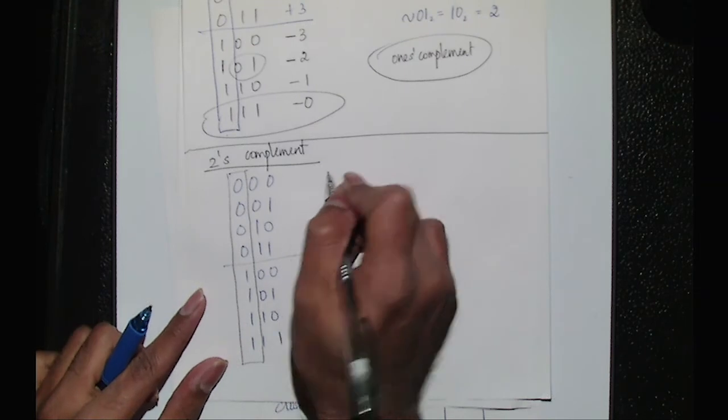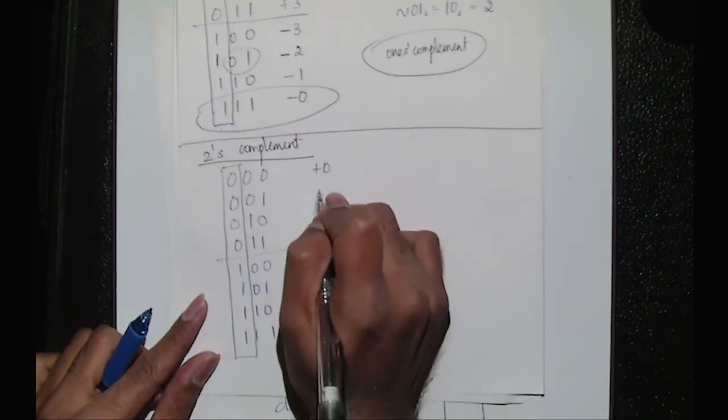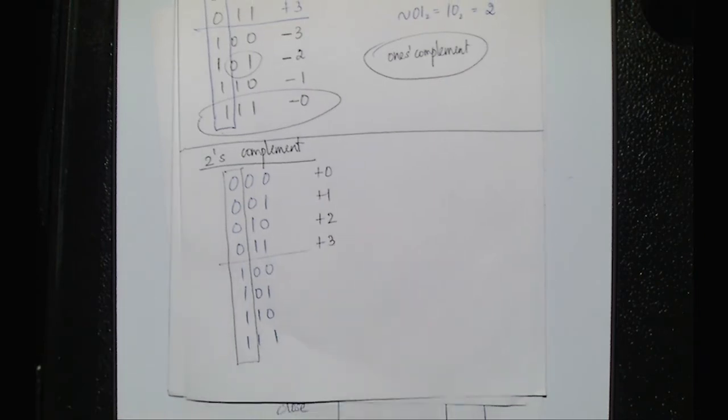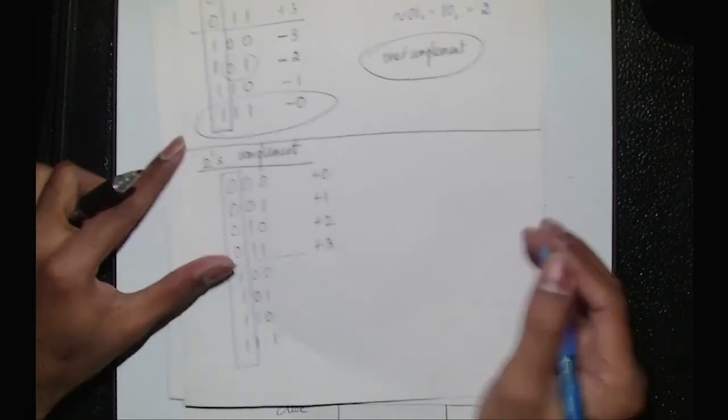So here the positive numbers are just going to be the same: plus 0, plus 1, plus 2, and plus 3. But with the negative numbers, the way we are going to evaluate it is we are going to take something called the 2's complement. So let's first take the 0, 0.